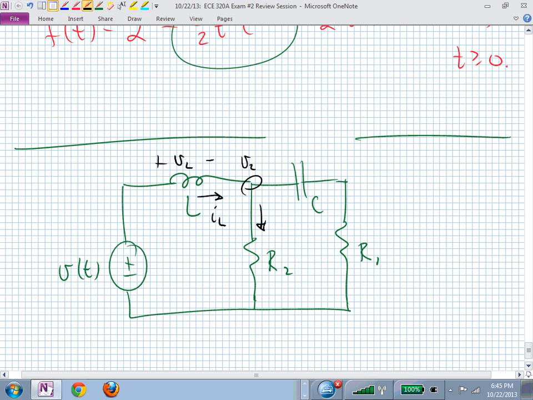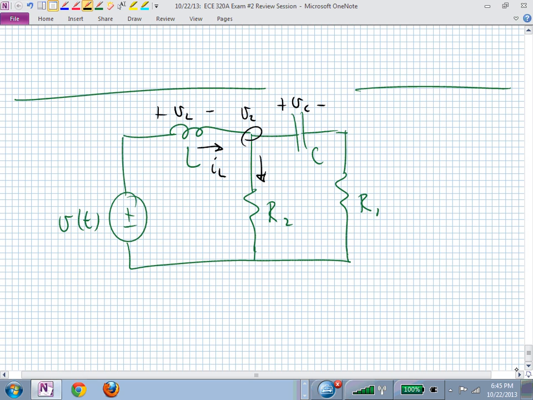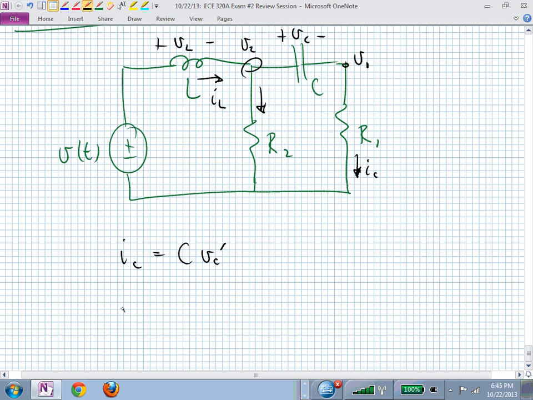Meaning, if I do this really fast, here is V sub C, and we're trying to write these equations in terms of I sub L and V sub C. We know that I sub C, which is right here, is C V sub C prime. V1, though, is now R1 I sub C, which is R1 C V sub C prime. V sub 2 is V sub C plus V sub 1.